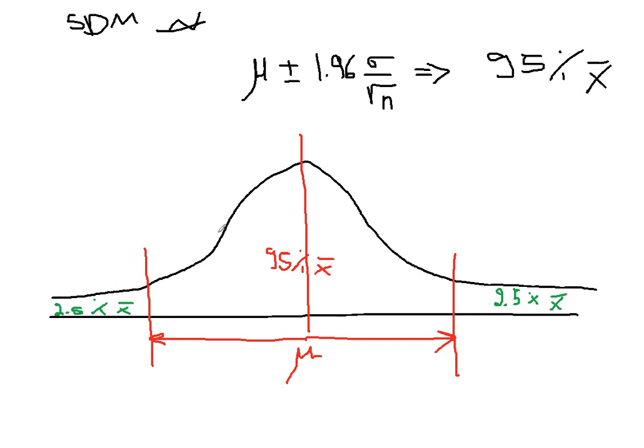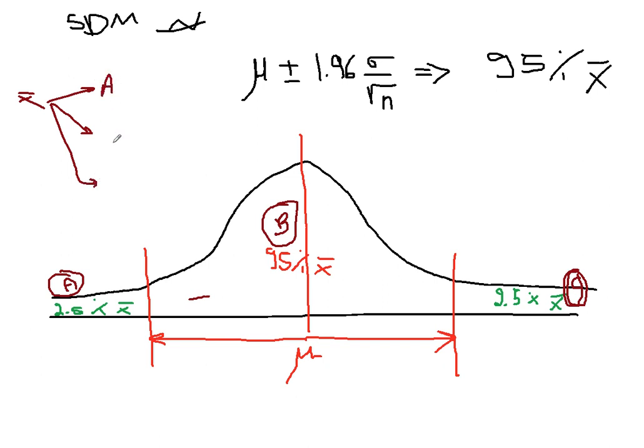Alright, I'm going to name these different areas, just to make my life easier. I'm going to call this area A. I'm going to call this area B. So B is just the 95%, and I'm going to call this area C. Okay. Now, before we continue, let me ask you a very simple question. If you pick X bar at random, what is the probability that X bar is going to fall in area A, in area B, and in area C?